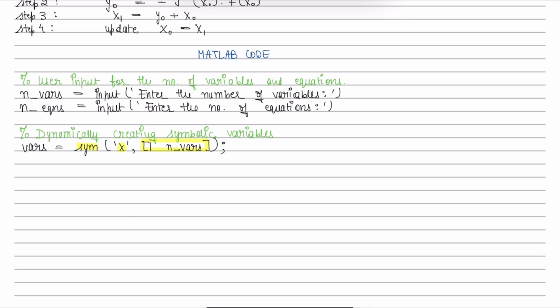For example, if we have entered the number of variables as 2, then this will create the output as x1, x2, because we are taking x as the base variable, and this vector will help us to create the elements like this.